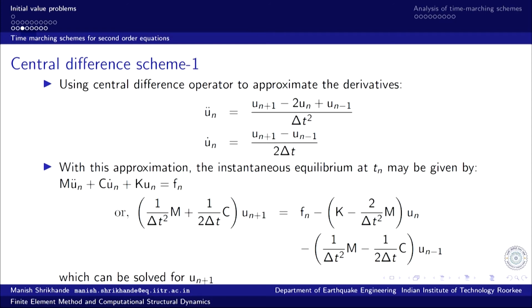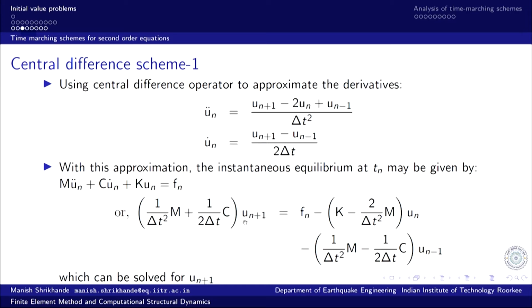We can substitute this, and the equilibrium equation at the nth time instant can be imposed, and the terms can be segregated, and the unknown displacement at n plus 1 term can be separated out, and the solution can be computed subsequently.